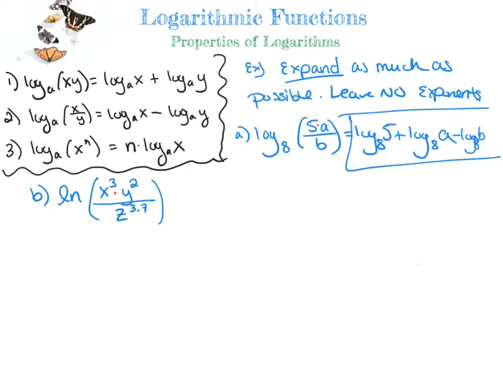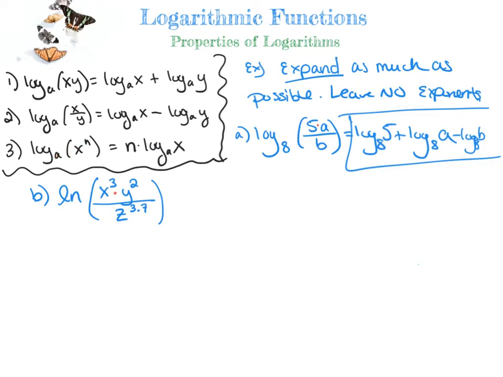And in both the numerator and denominator, we have a lot of exponents. I can't yet use rule number 3 because each one of these exponents only applies to part of the logarithm, part of the inside of the logarithm rather, not to the whole thing. So I'm not ready to use rule 3.